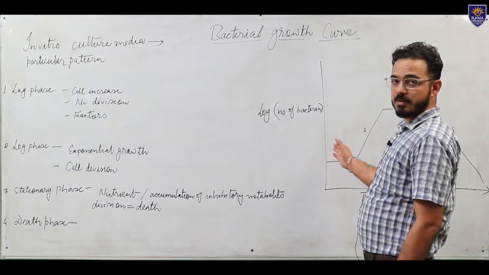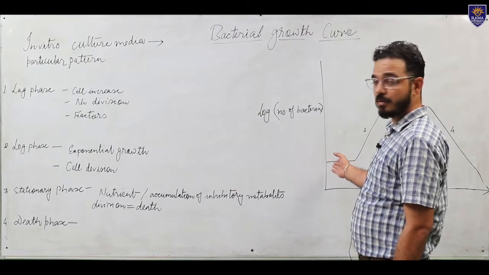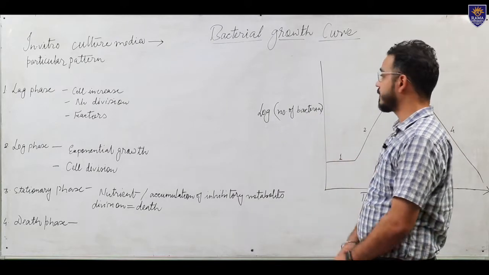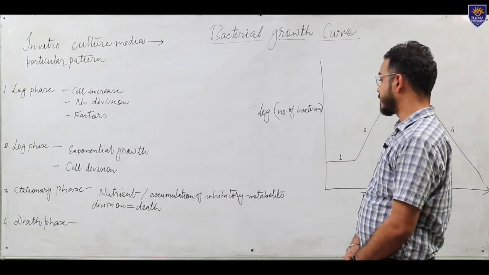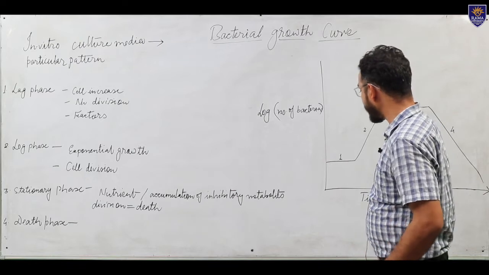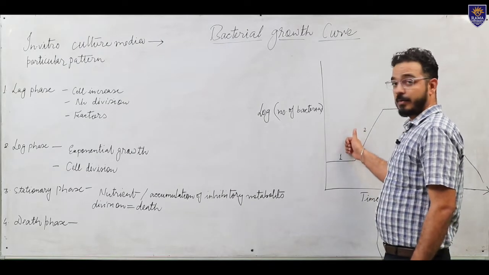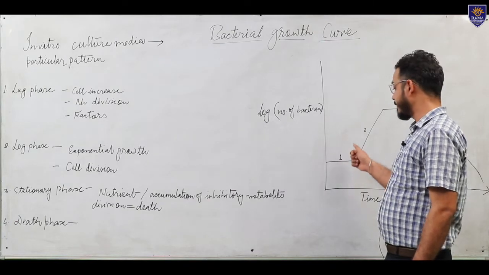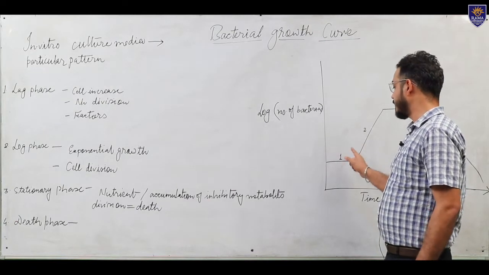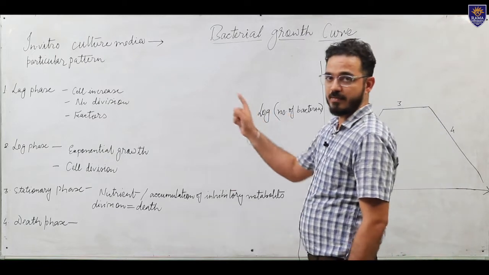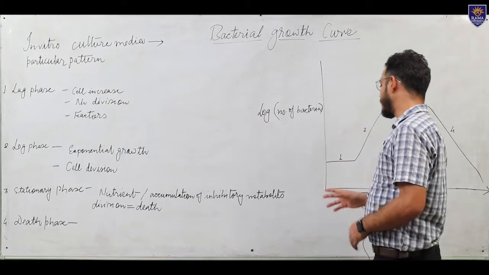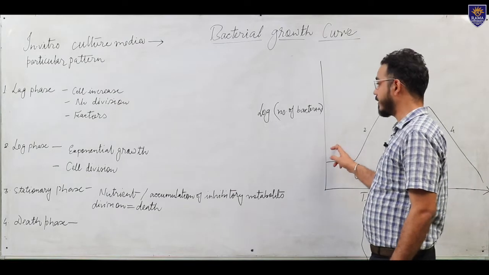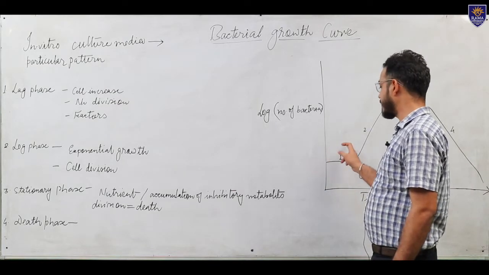It is just after you inoculate the bacterial population in a culture medium. In a new environment, bacteria need time to adapt. So in this phase there is no cell division, meaning no increase in population, but you can find the cell size increases.